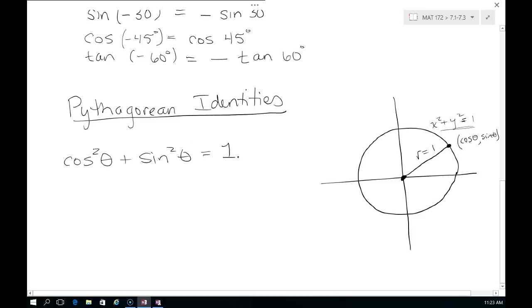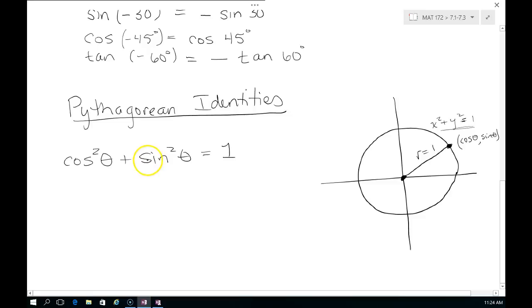That is one of the Pythagorean identities, and it's just based on the formula for a circle with radius 1 centered at the origin, and we're replacing the x and y coordinates with sine and cosine because that's what the x and y values are on our unit circle, sine and cosine.